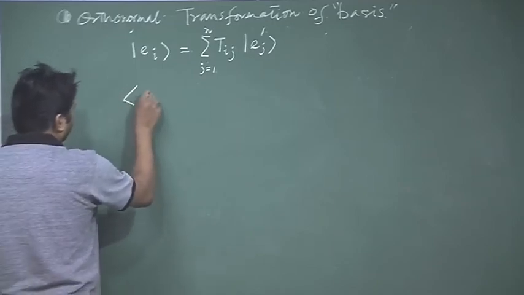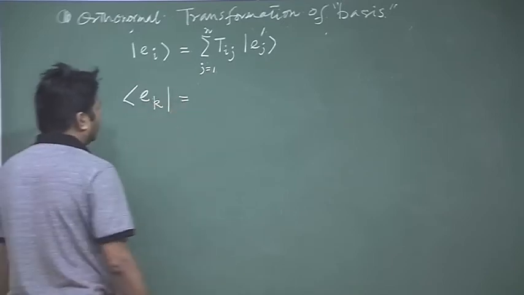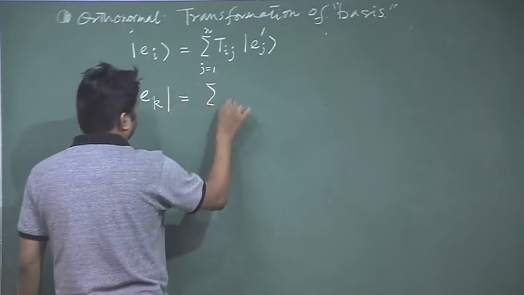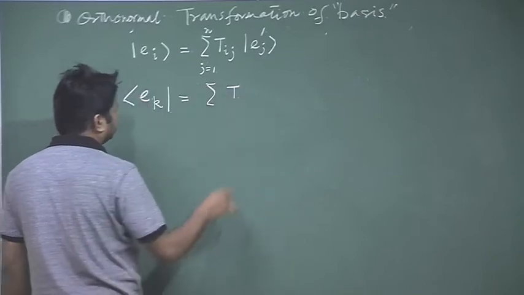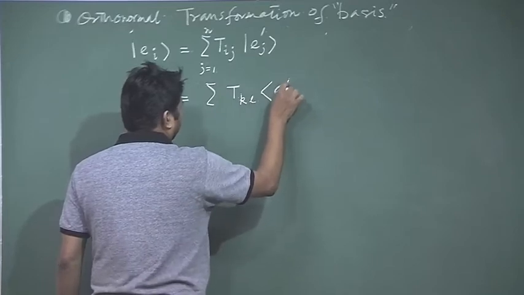I make a dual conjugate and I want to find out Ek, which is T kl El prime.